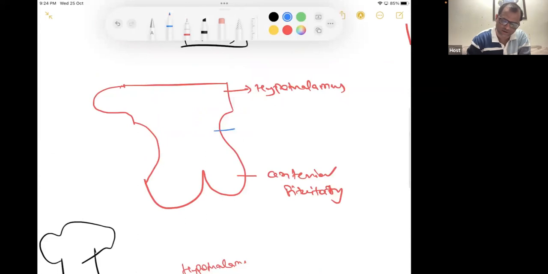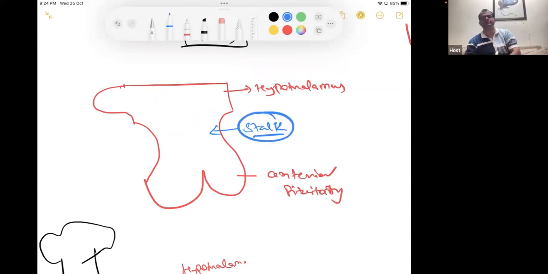So this is called the stalk. They are connected with one stalk. The hypothalamus and pituitary are connected. So whatever formation is happening in the hypothalamus, it's coming from here. Right now we are just talking about the anterior pituitary.